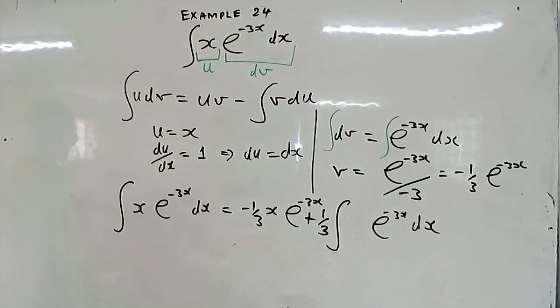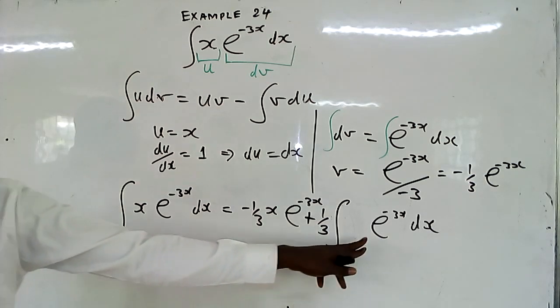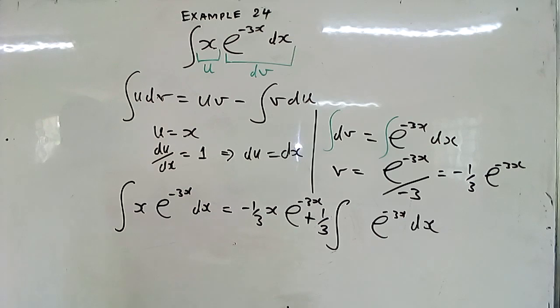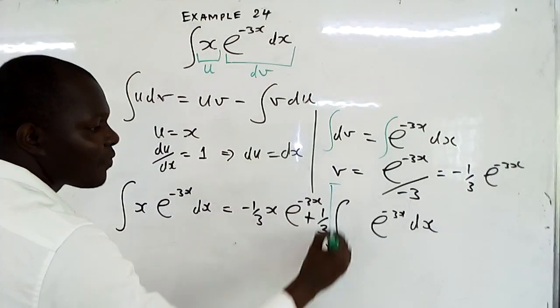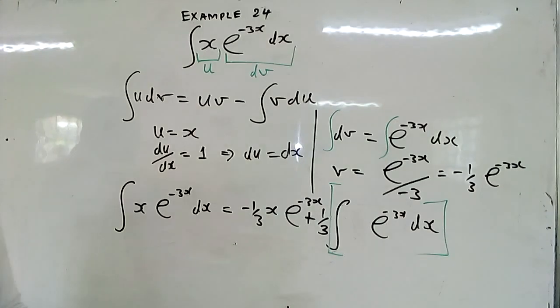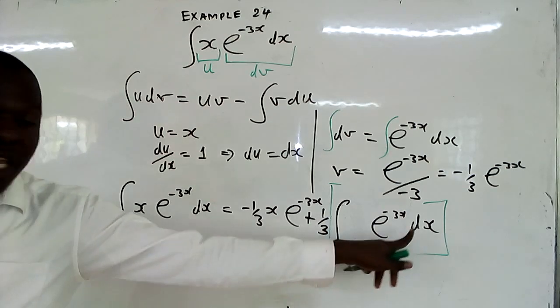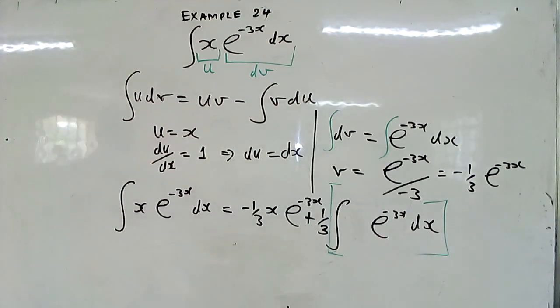Then you bracket what you want to integrate, which is exponential negative 3x dx. You have to bracket what you integrate because what is outside applies to everything inside the bracket.